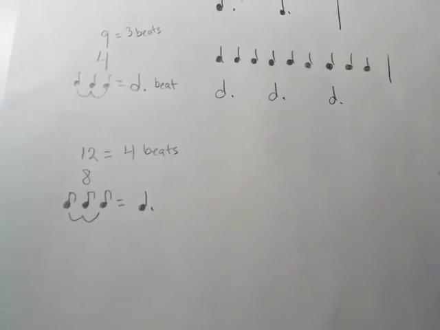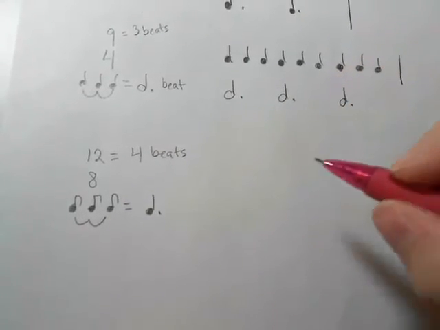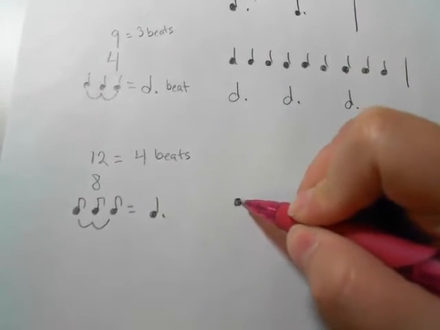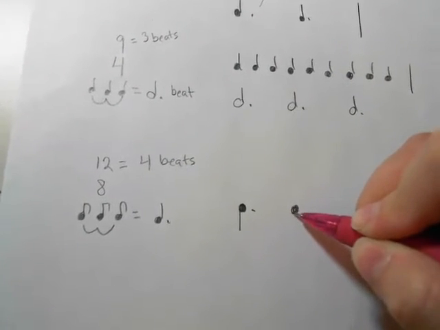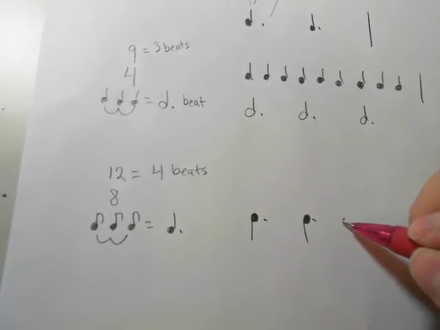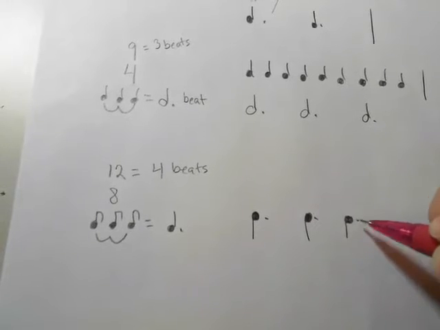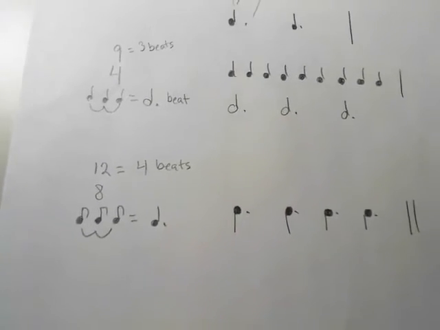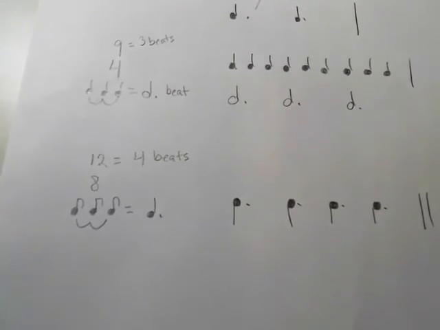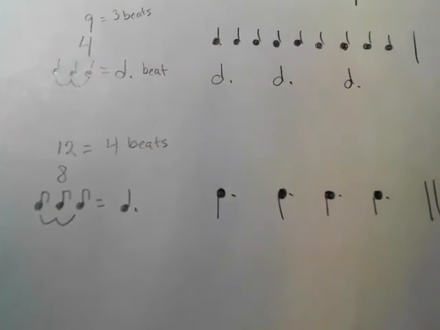So I could write out 12 eighth notes. I'm not going to do that just yet. I'll show you in a second. But I could have 4 beats here, dotted quarter note, and this means I have a quadruple meter because I have 4 beats.